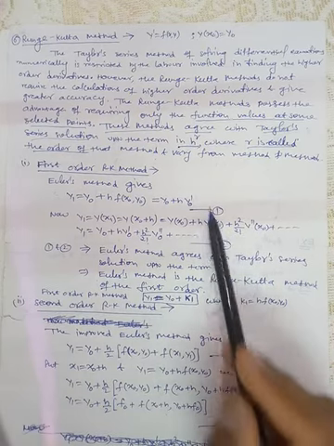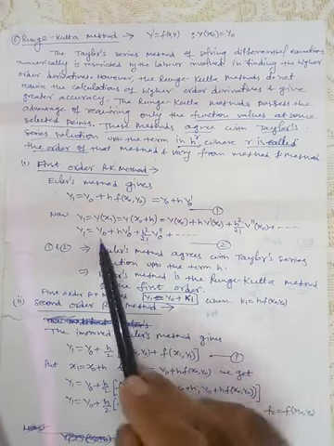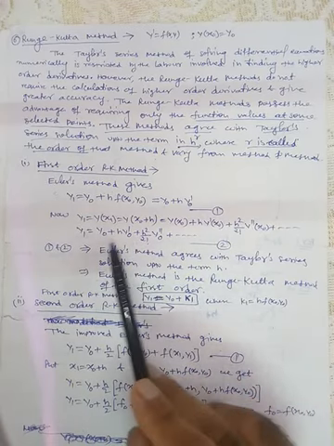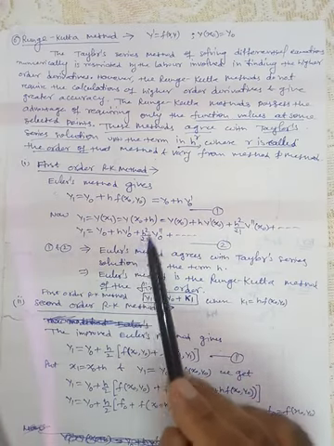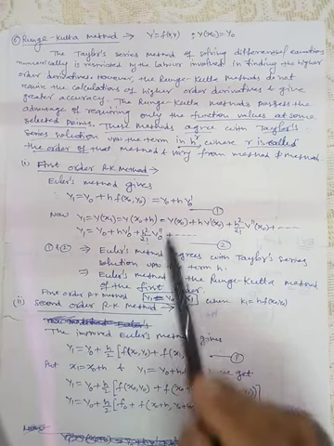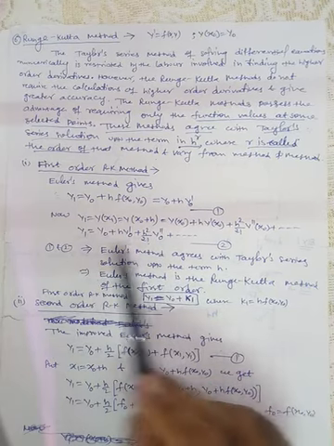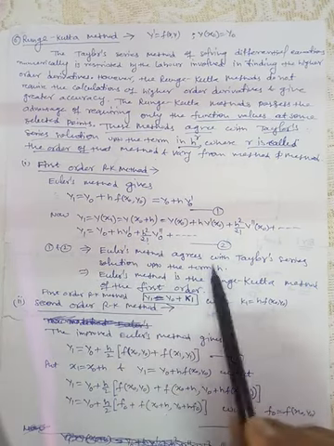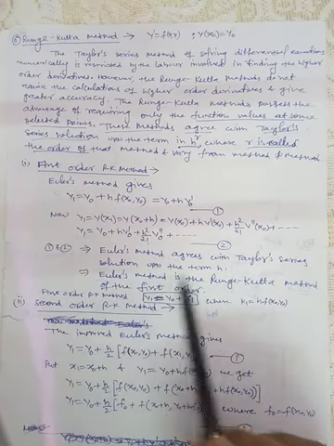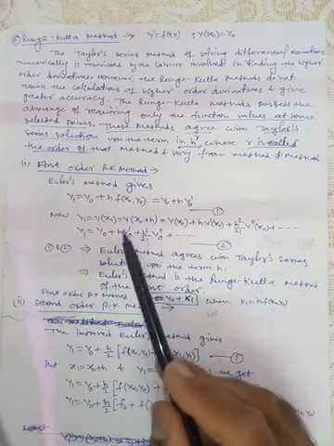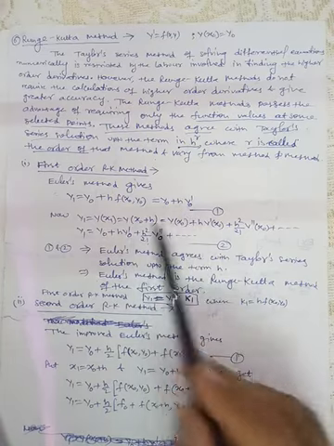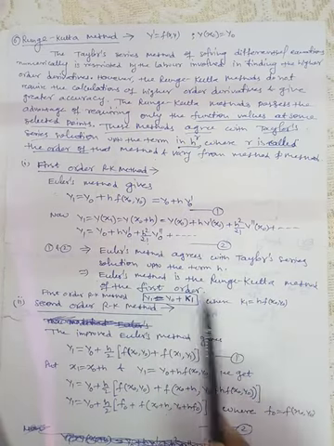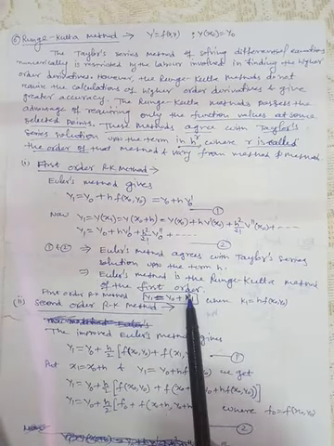If you compare these two equations, they are accurate up to the first degree term. That's why Euler's method agrees with the Taylor series solution up to the term h. Up to the term h, they are the same. That's why Euler's method is a Runge-Kutta method of order 1.